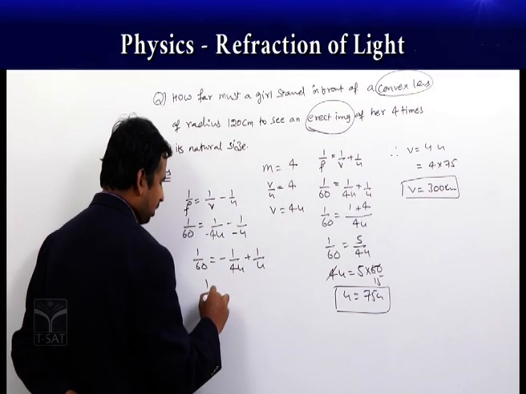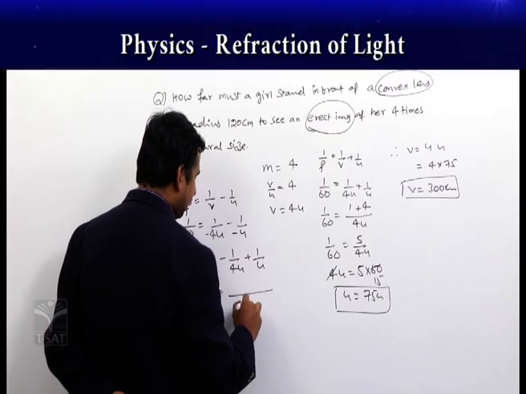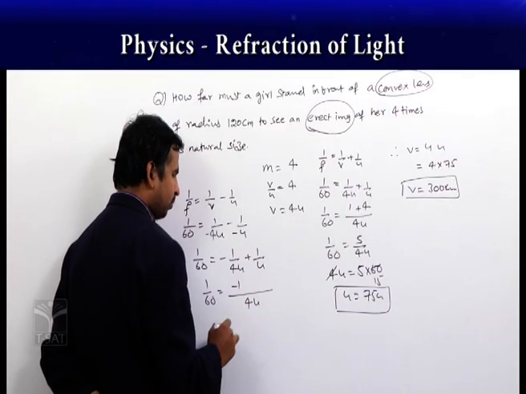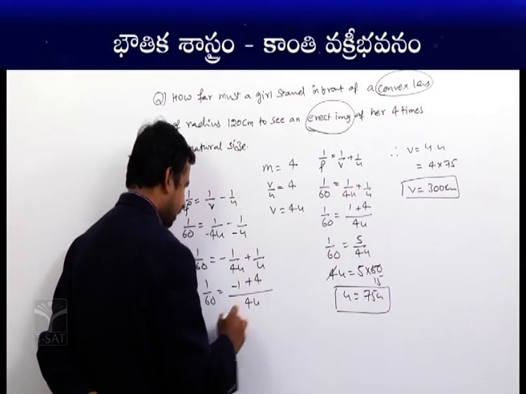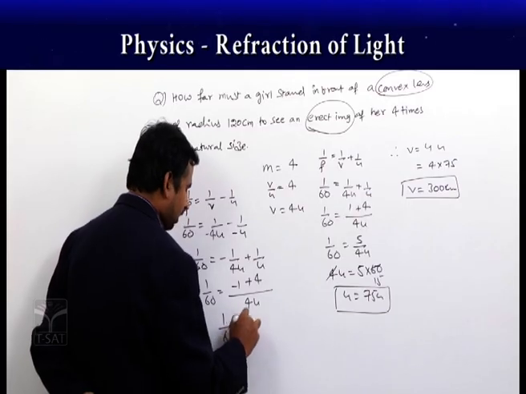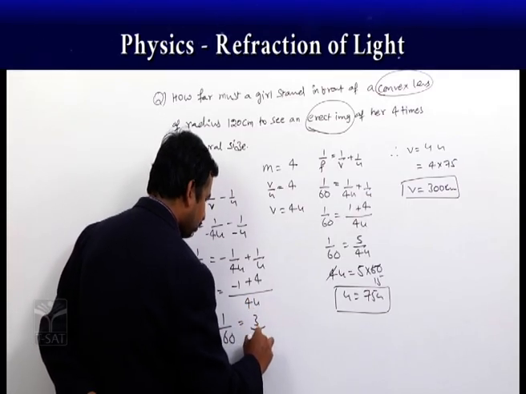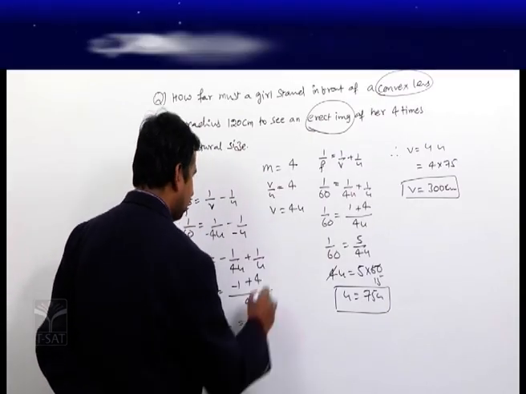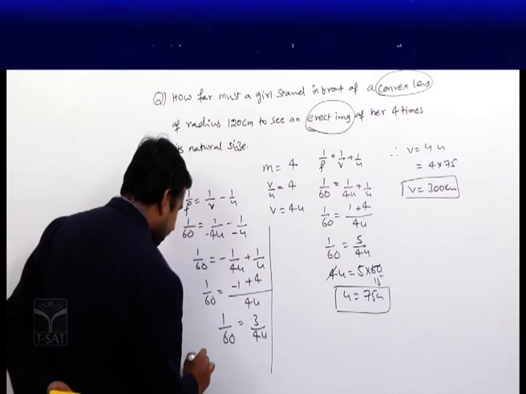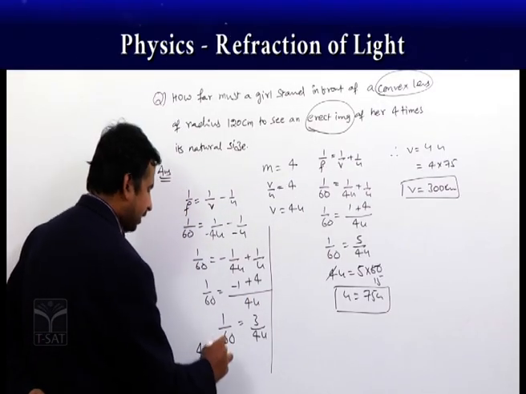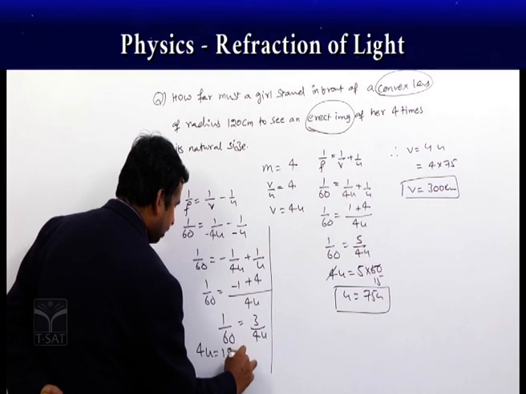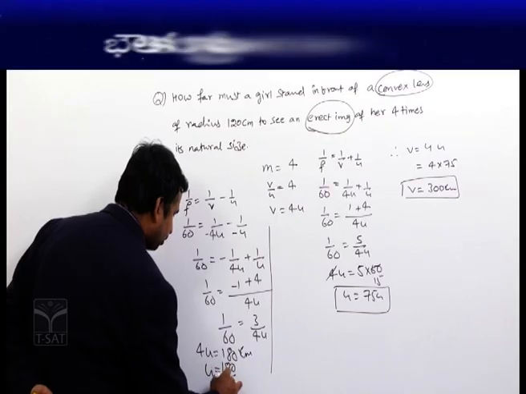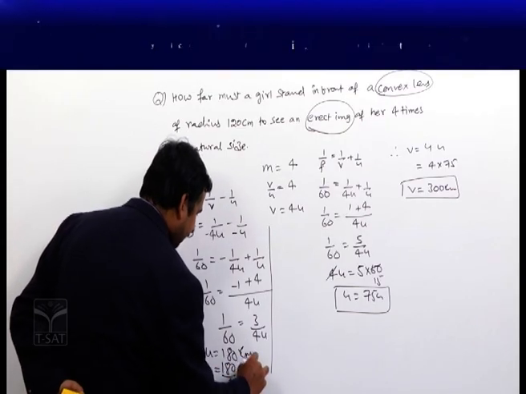Then 1 by 60 is equal to, taking the LCM 4u, minus 1 plus 4 over 4u. Then 1 by 60 is equal to 3 by 4u. Then if you cross multiply, 4u is equal to 180 centimeters, and u is equal to 180 by 4, which is 45 centimeters.